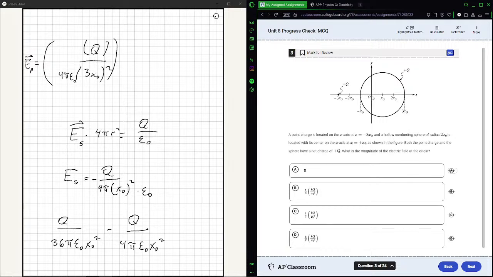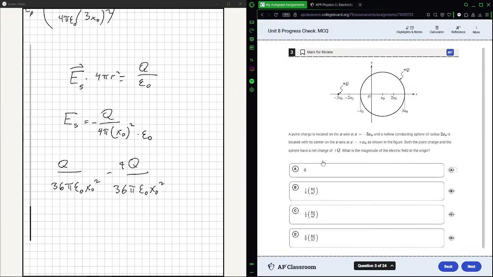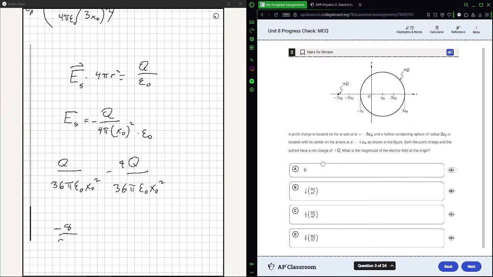Which is 8. Multiply this by 9 over 36. Oh, sorry, 9. That's 8. So we get negative 8 over 36, I think, right? It's a magnitude, right? So let's see if this is right. Negative 2 over 9. That's wrong, bro. Oh no, how did we go wrong?